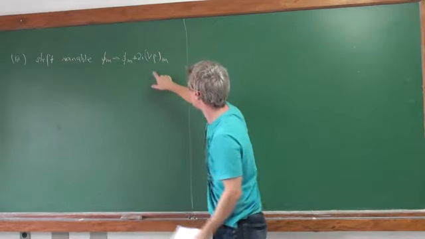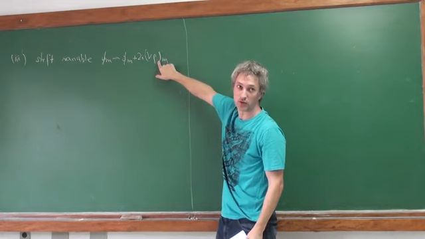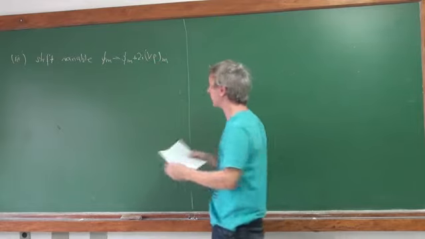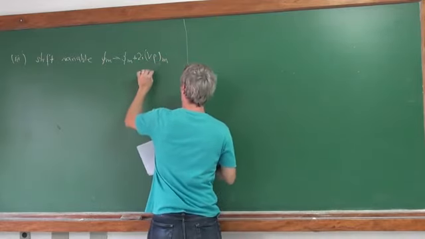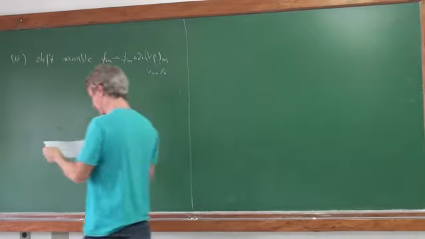Okay, so here actually this is a matrix multiplication, no? So if you write this in detail, this is V m n rho n, sum over n. Okay?